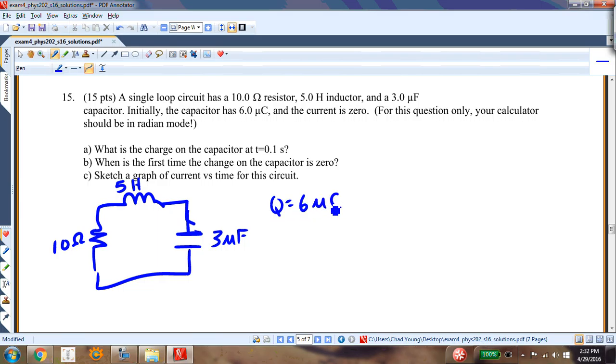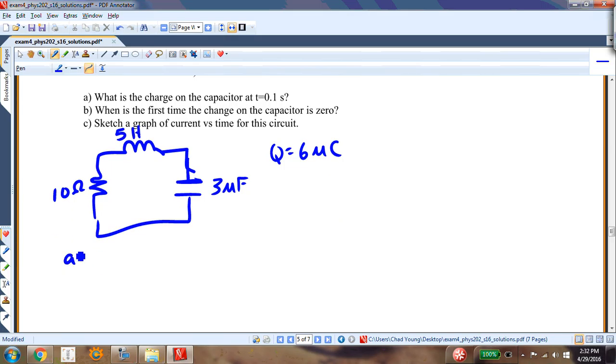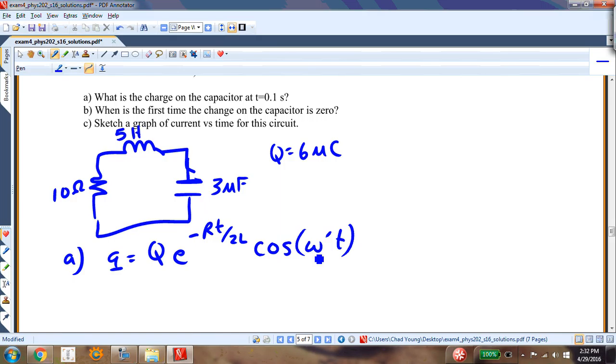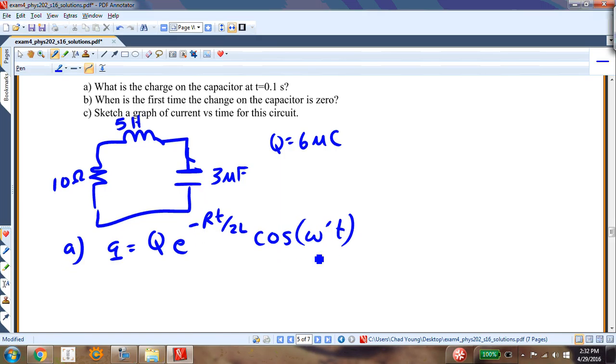So first thing I want to do is find the charge at a particular time. So Q is equal to Q0 times e to the minus Rt over 2L times the cosine of omega prime t. You might be able to convince yourself that omega prime is equal to omega, but let me just show you.